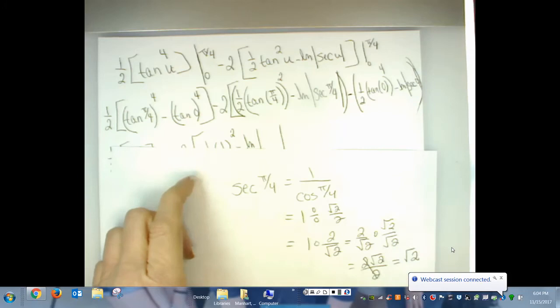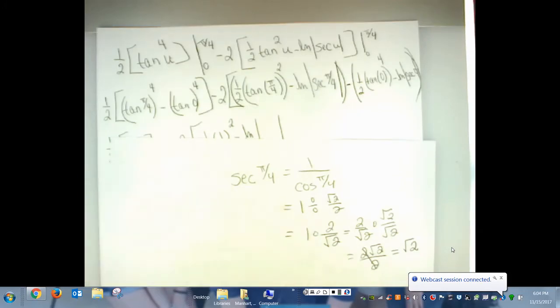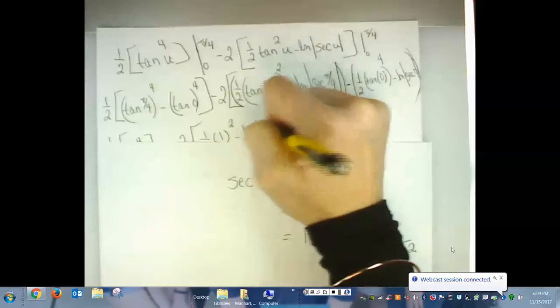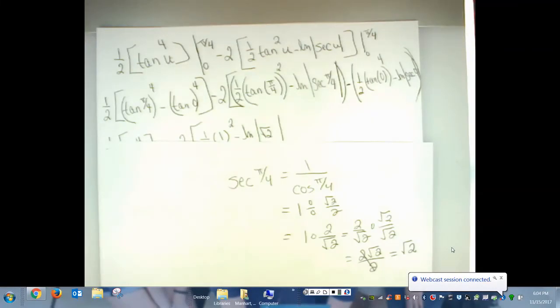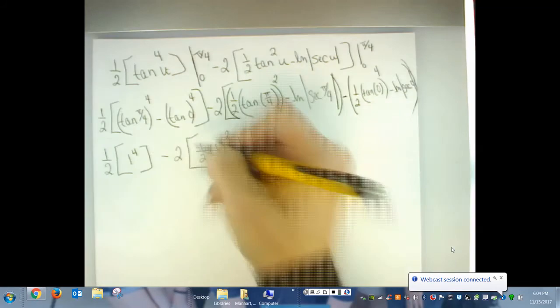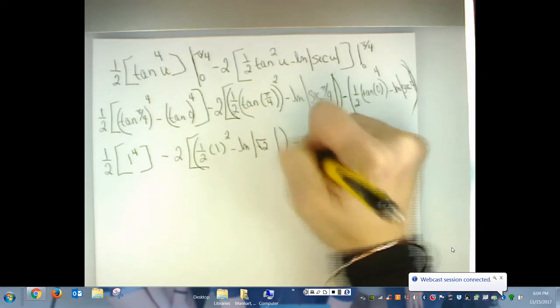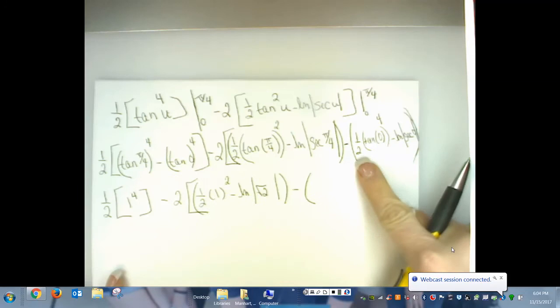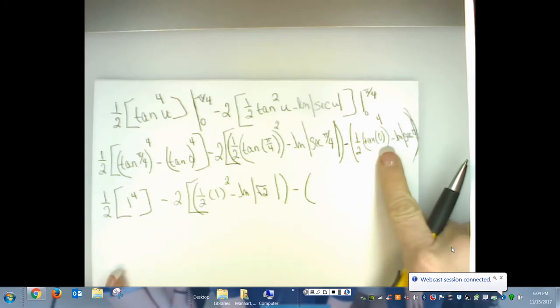So the secant of pi over 4 is the square root of 2. And I'm going to go back and put that here. And remember, this had parentheses around it, minus, and here we go again. 1/2 times tangent of 0 to the 4th is 1/2 times 0 is 0.